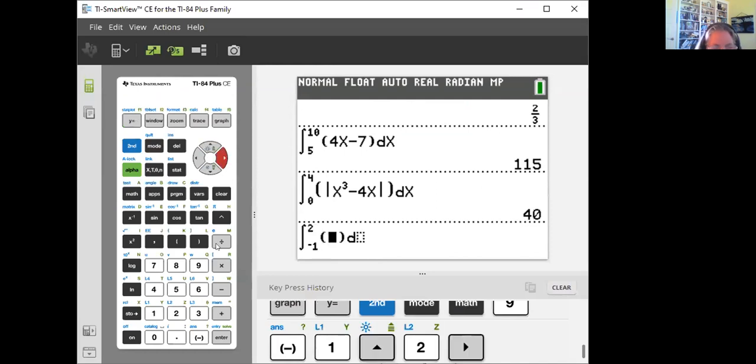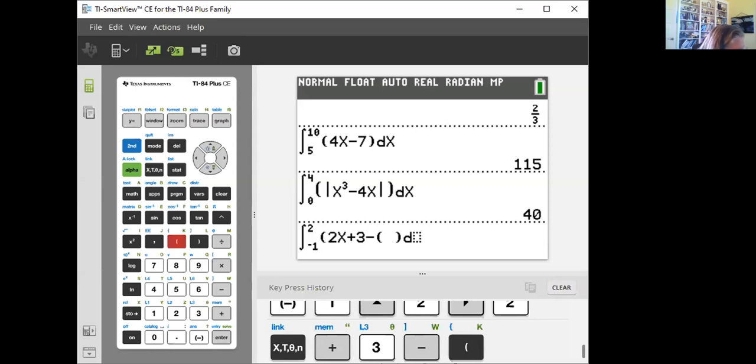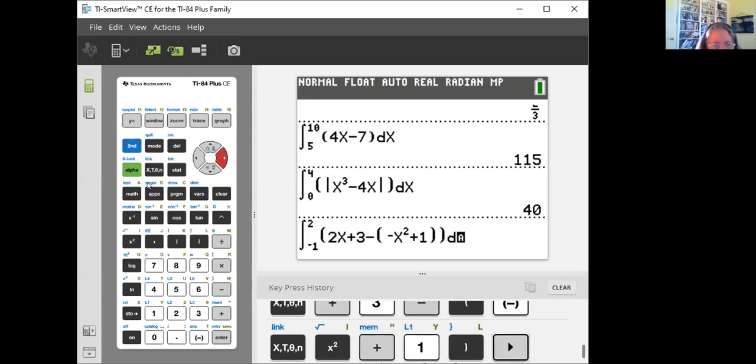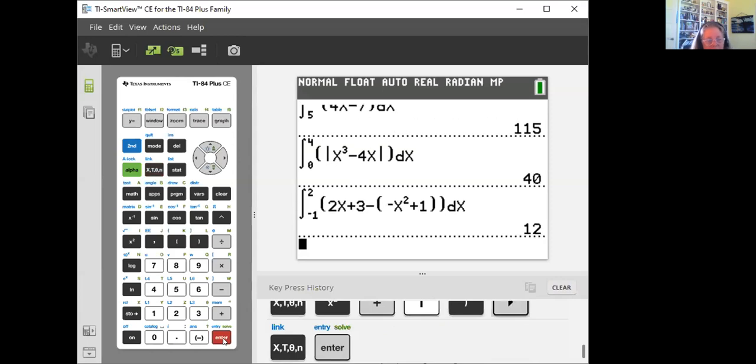The top curve, which is 2x plus 3, minus the bottom curve in parentheses, negative x squared plus 1. Another parenthesis, there we go, dx. And then once I have it entered, just press enter, and yay, my area is 12.